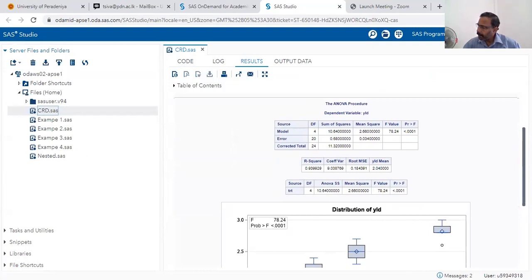Basically, this output is the ANOVA table. The most important is the probability value, right? This p value is very small, 0.0001, even less than that.